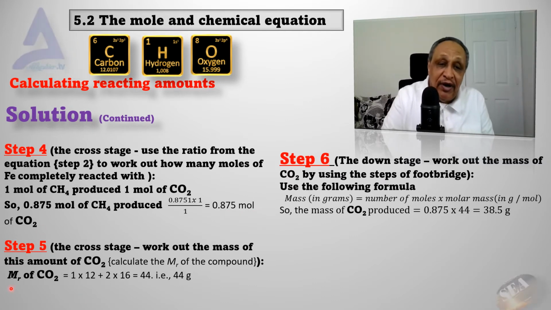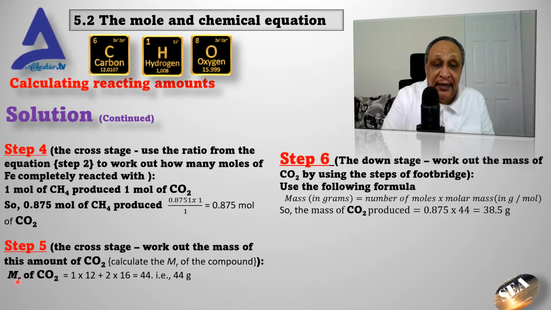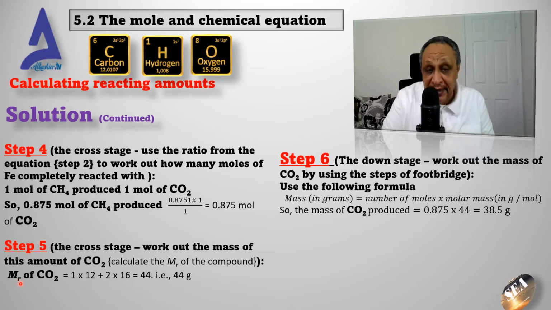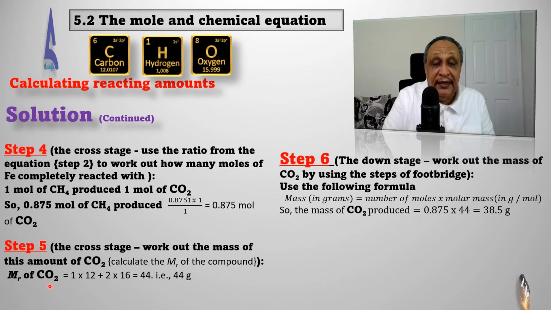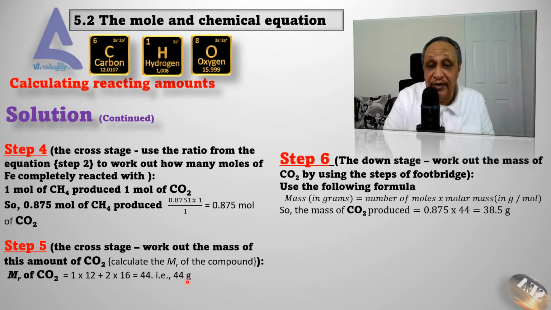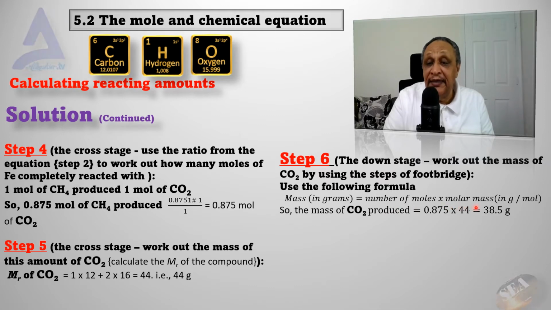Now I'm going to work out the mass of this one based on the relative molecular mass of the carbon dioxide, because this is the demand. The carbon dioxide is 44. So I'm going to multiply 44 by this one using this formula. Mass in grams equals the number of moles multiplied by the molar mass.